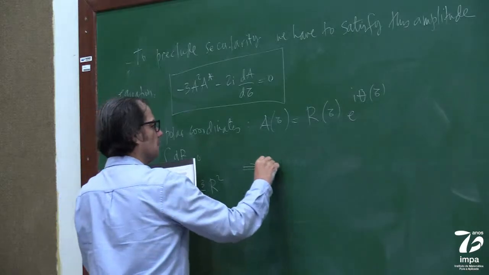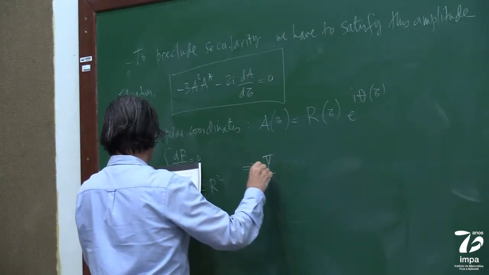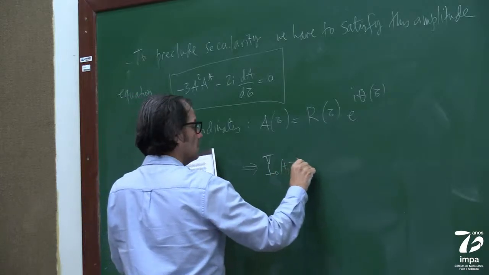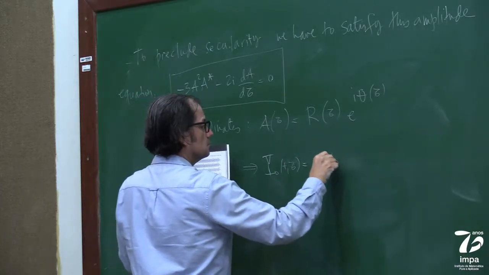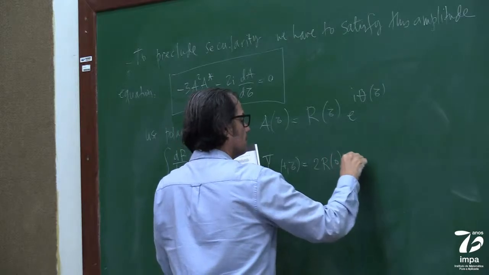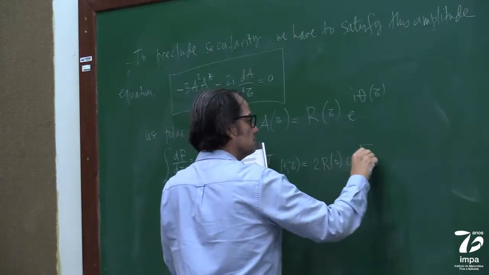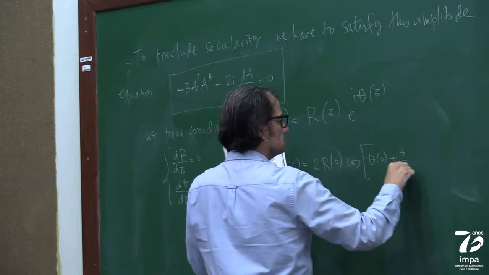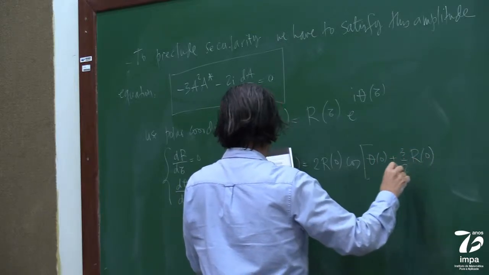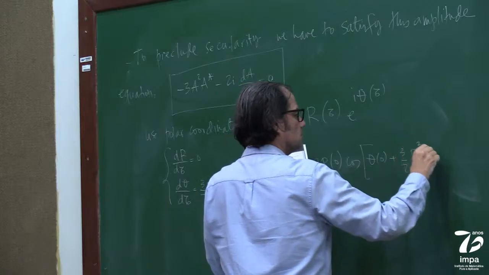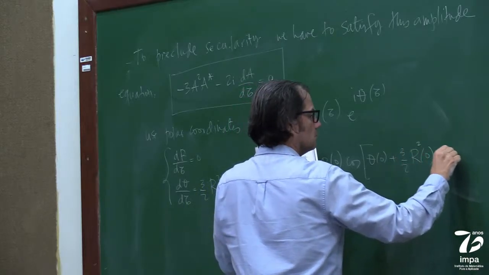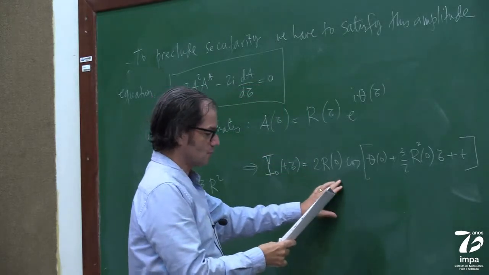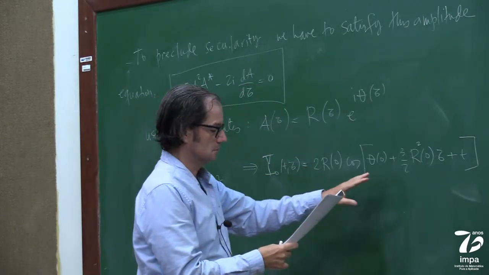This will lead to y0 of t and tau. Let me see if I copy this right, because I just copied something wrong.